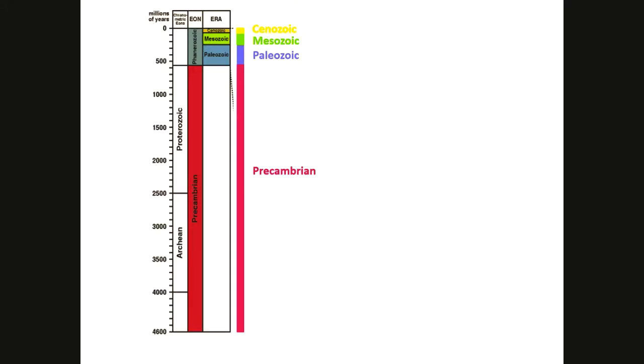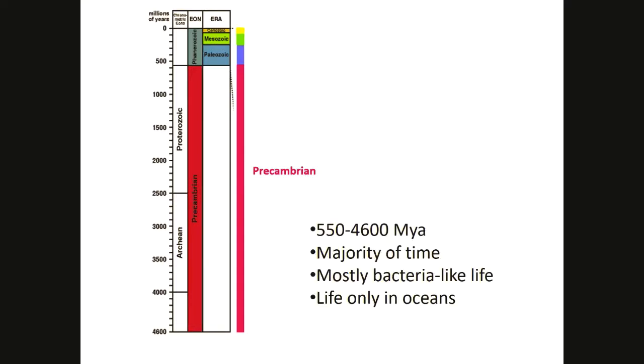So we're going to look at the major parts of the geologic timescale and what was going on on Earth during those periods. First, we're going to start with the Precambrian. This goes from 550 million years ago to 4,600 million years ago, the vast majority of Earth's history. As far as life goes, life on the Earth is mostly bacteria-like life.